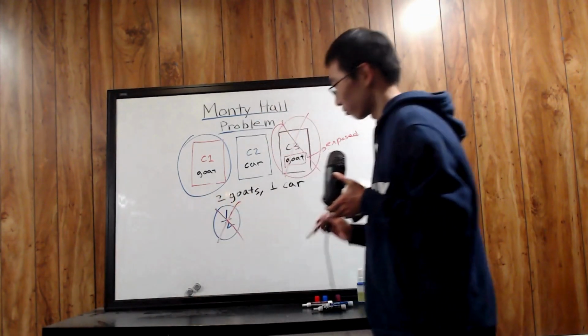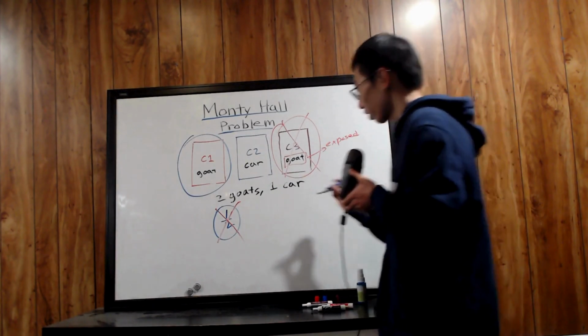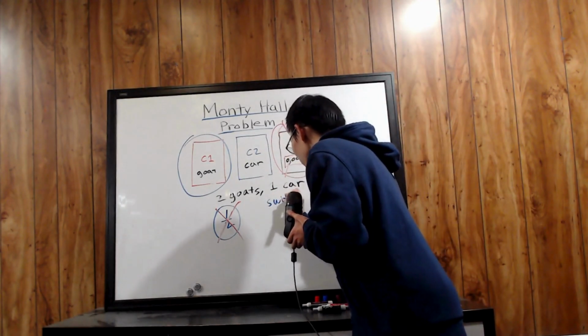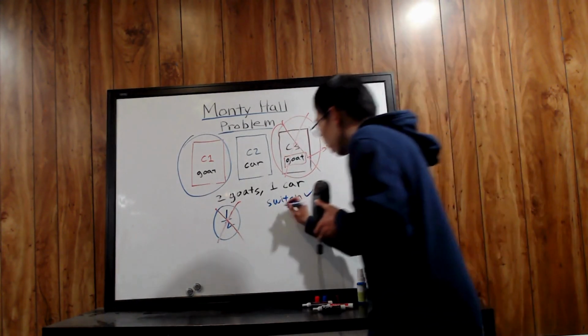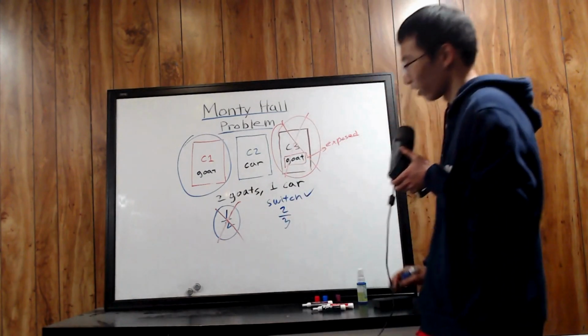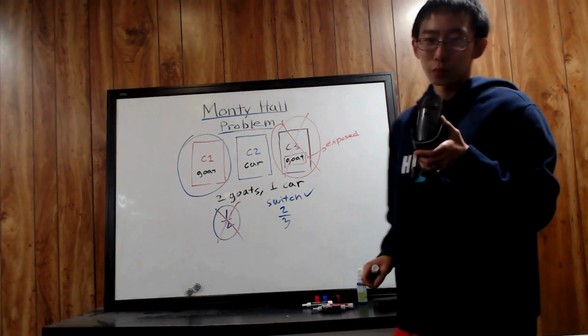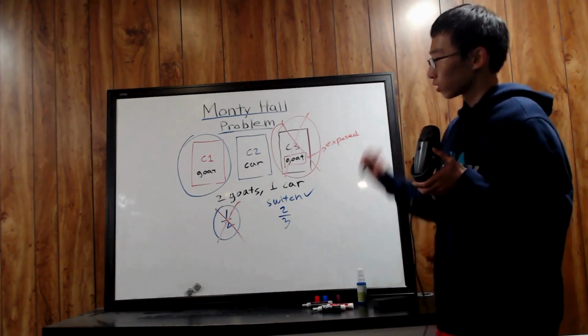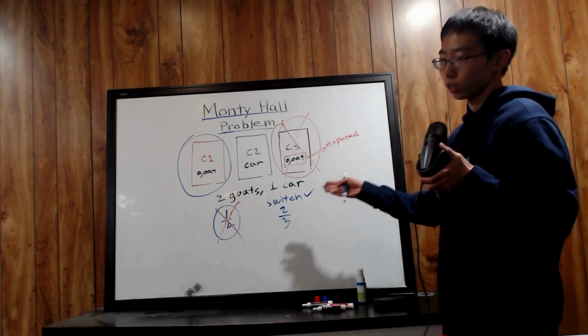And the correct answer is that you should switch. Specifically, switching will give you a 2/3 chance of winning the car. Now, this might look like complete nonsense to you, and it was to me at first. However, there is a very good explanation as to why this is indeed the correct solution.